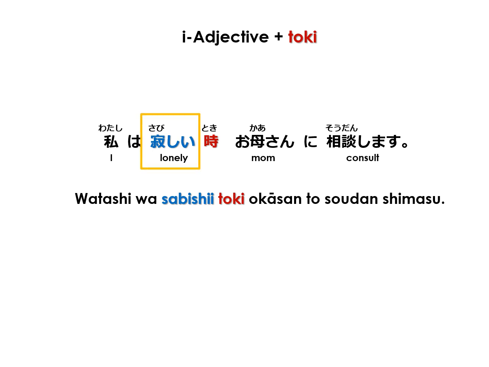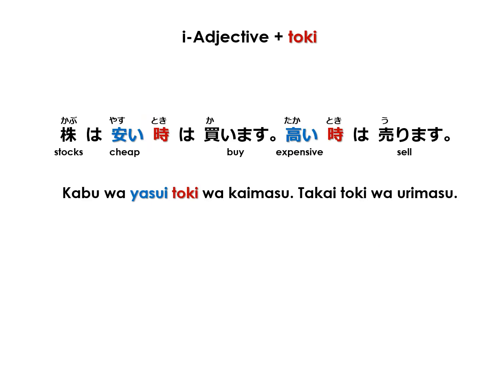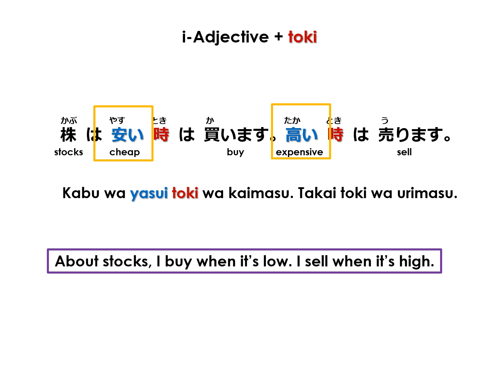When I'm lonely, I talk to mom. 株は安い時は買います。高い時は売ります。About stocks, I buy when it's cheap. I sell when it's expensive.